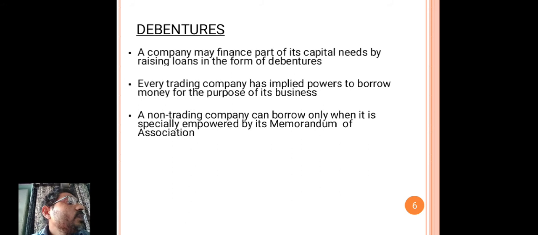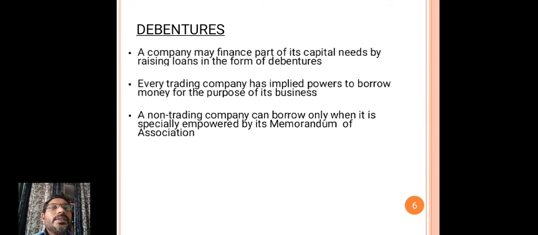In today's class, we are going to see another kind of financial resource for a joint stock company, which is debentures.